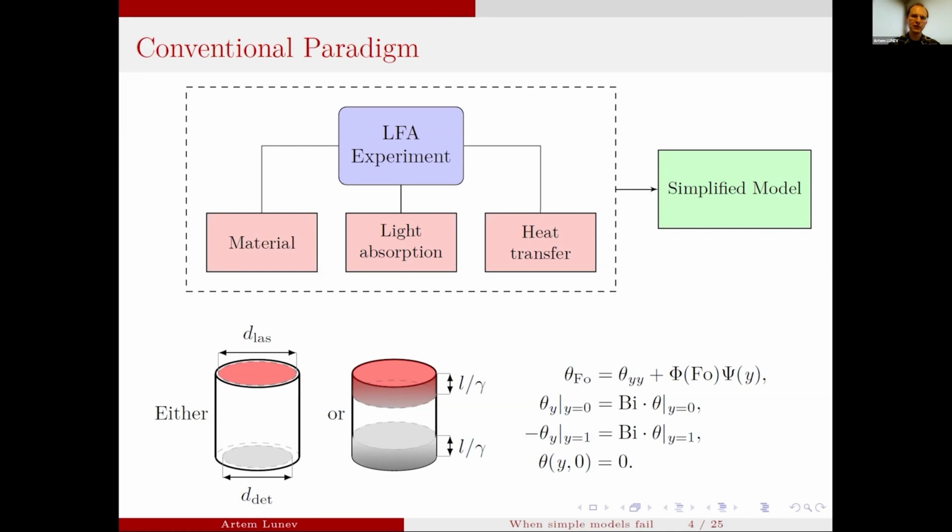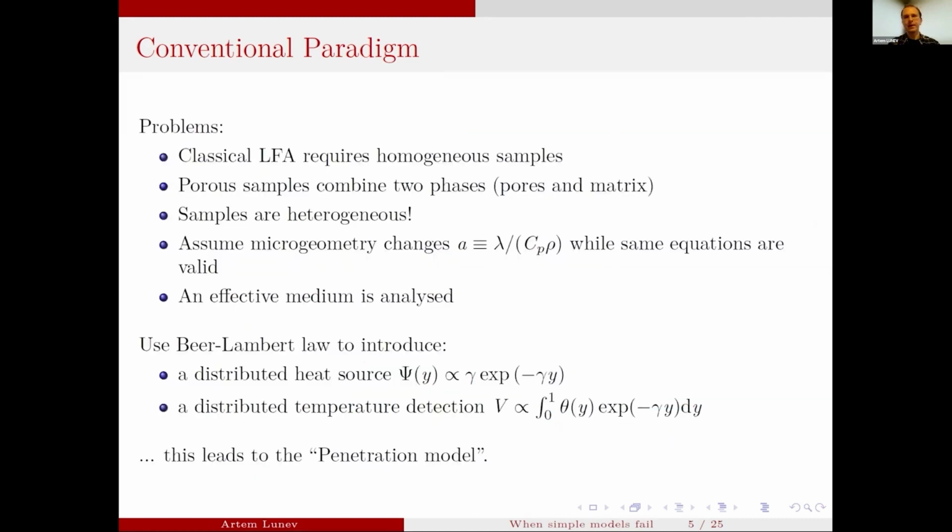Of course, you could also propose some two-dimensional models, but it doesn't play a vital role in increasing the accuracy, because the flash is usually of the same size as the sample's diameter, 12.5 millimeters.